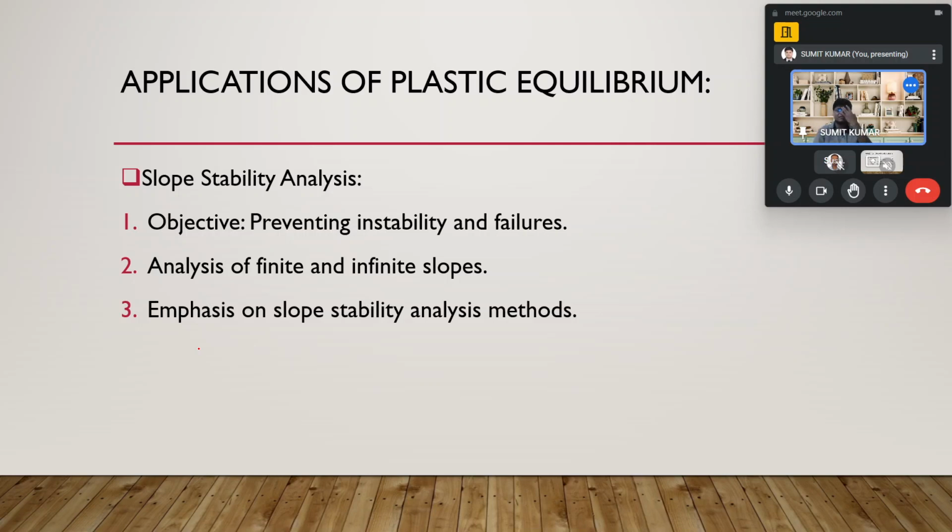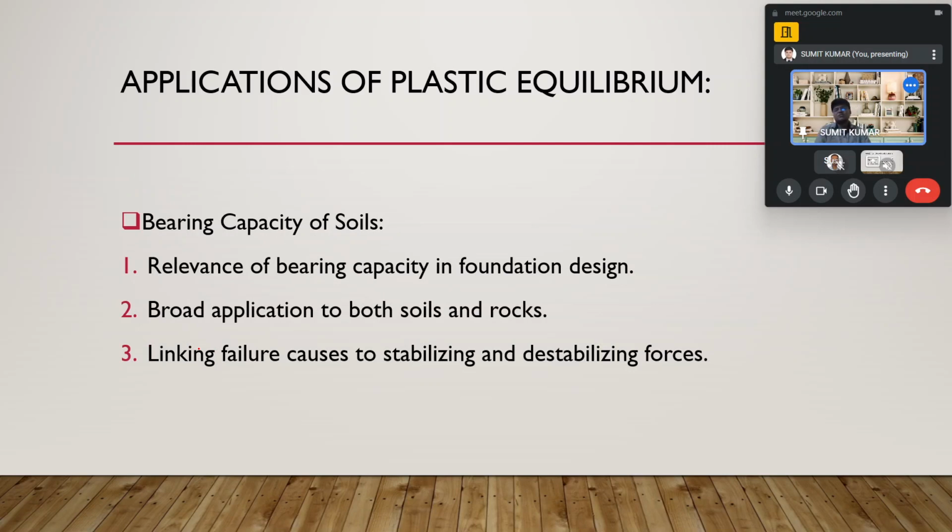Some more applications are in slope stability analysis. Over there also the objective is preventing instability and failure. Analysis of finite and infinite slopes is an application of plastic equilibrium. Apart from that, emphasis on slope stability analysis methods is also one of the aspects. Apart from that, when we talk about the bearing capacity of soil, the relevance of bearing capacity in foundation design, broad application to both soil and rocks, are some more aspects.